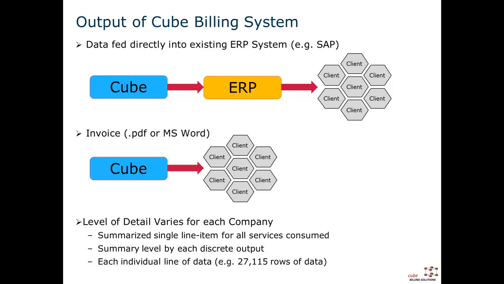So you could have a summarized single line item for all services consumed. So each client may have one line item invoice for contact services. Or it could be a summary level by each discrete output, and the summary level may be 3 lines of data. Maybe it would be a summary for the adds, a summary for the complaints, and a summary for the fixed issues for each of the 5 clients.